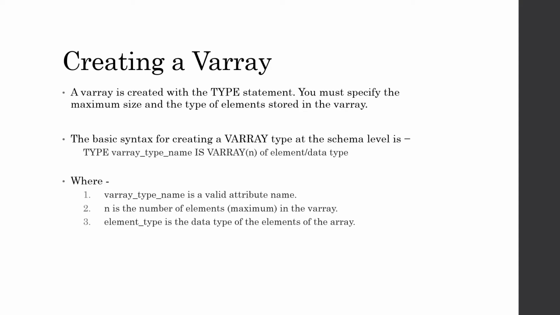The basic syntax of creating a varray type at the schema level is: TYPE varray_type_name IS VARRAY(n) OF element_data_type. So varray_type_name is the name of that variable or attribute, VARRAY is what we are declaring, n is the maximum limit that the array can hold, and element data type is which data type you want that array to be, either number, integer, or any other scalar data type.